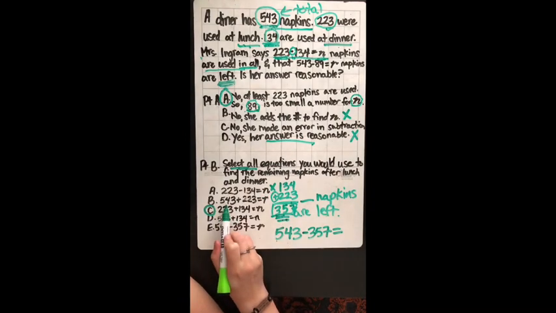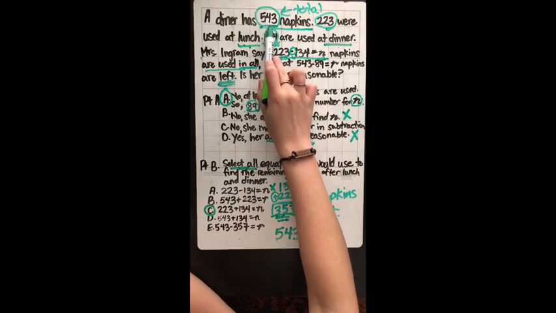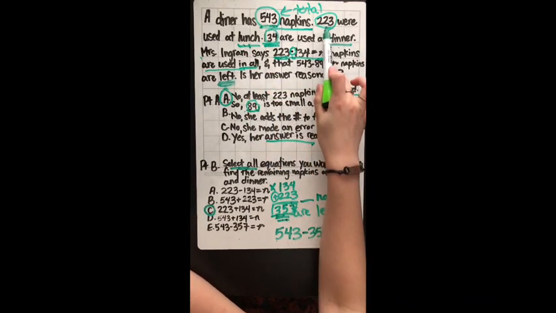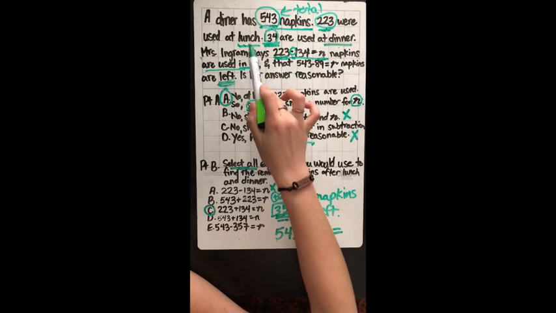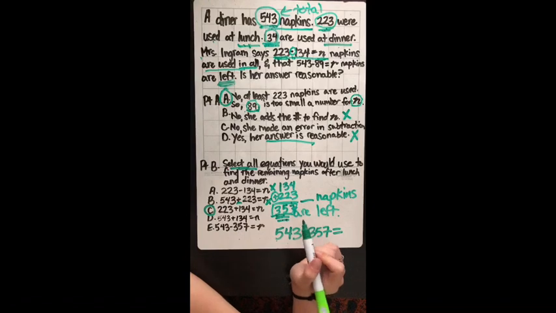This one, 543 plus 223, what did they do here? We added our total to how many were used at lunch, but that doesn't make sense. It didn't say we got 223 new napkins. It said we used the napkins that we had, so it couldn't have been addition. So that one's wrong too.